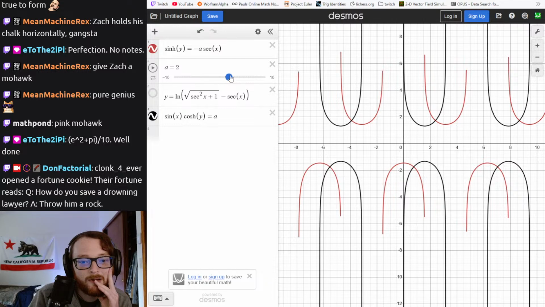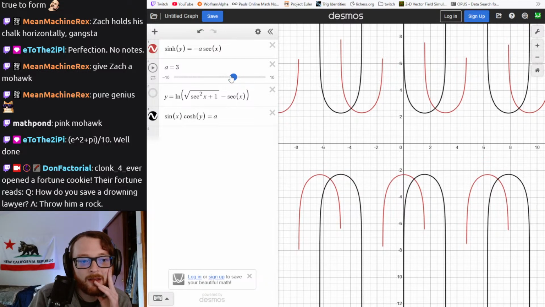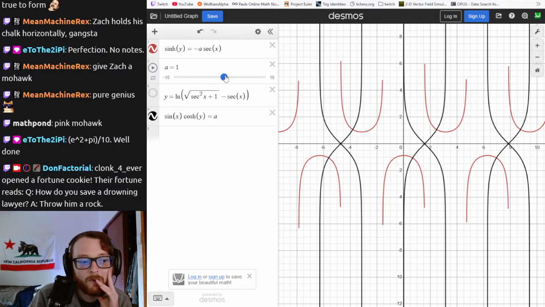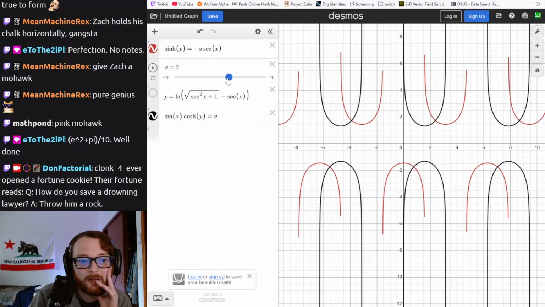So, I don't think we have anything to gain from considering... what am I trying to say? I think we only need a equals -1, 0, and 1. Maybe you want a equals 2.